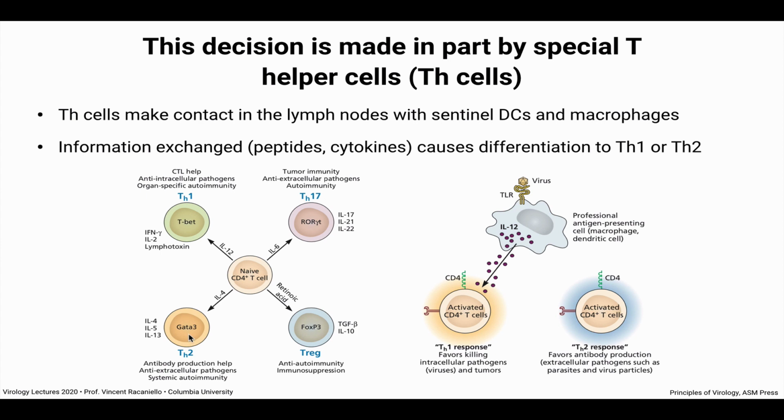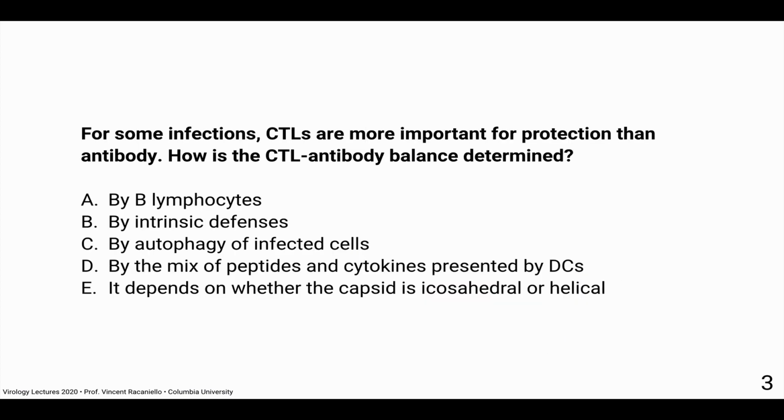Production of IL-4 leads to the synthesis of a transcription factor, GATA3, which causes the maturation of these into Th2 cells, and that's the kind that makes antibodies. It stimulates B cells to make antibodies. And these other T helpers are important in tumor immunity and suppression of immune responses, the Treg cells. So on the right is an example of how this works.